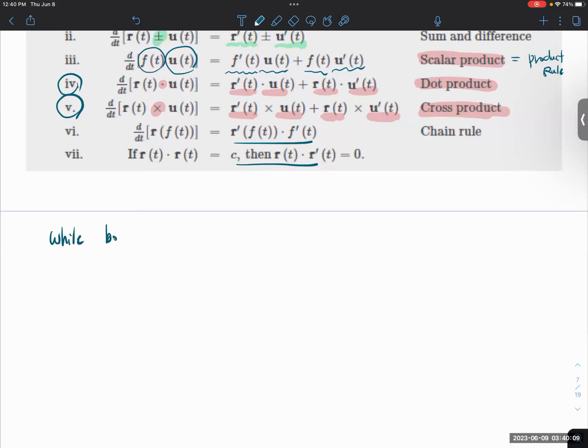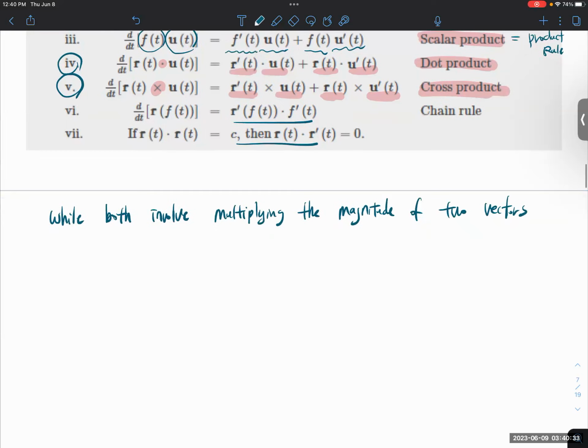While both involve multiplying the magnitude of two vectors, I'm talking about the dot product first.